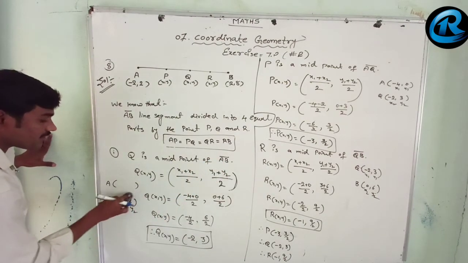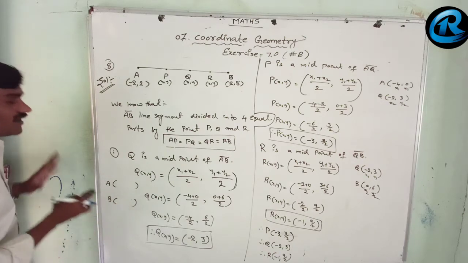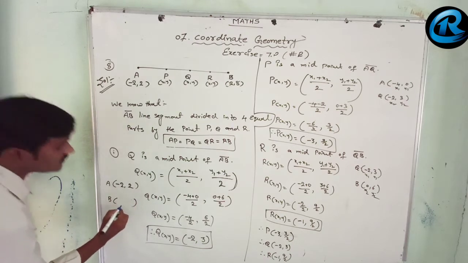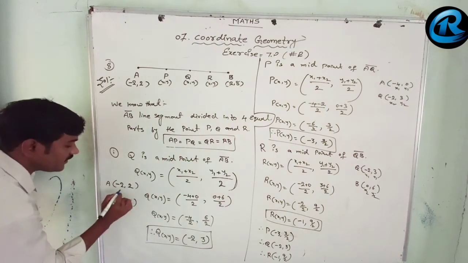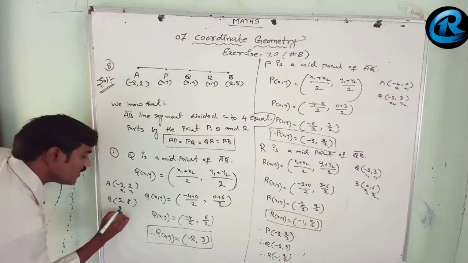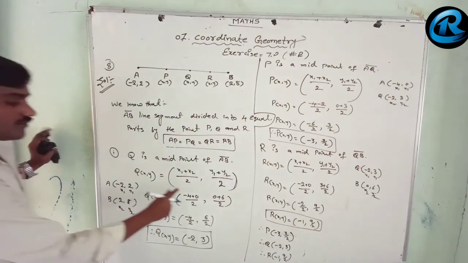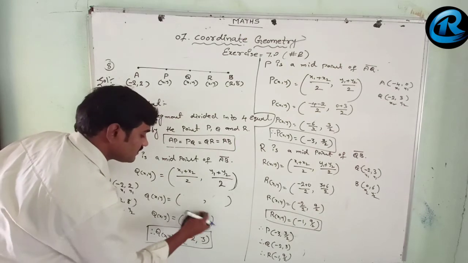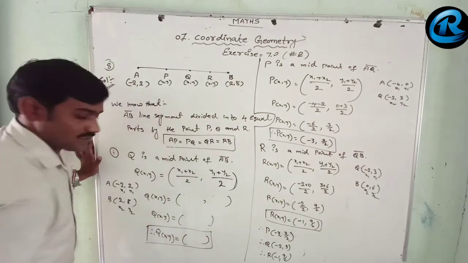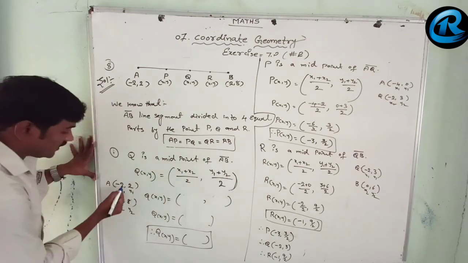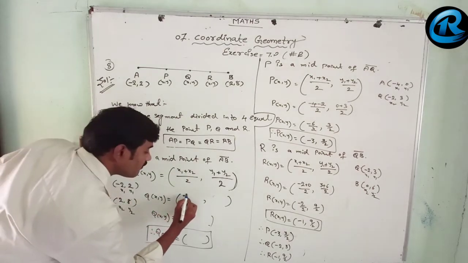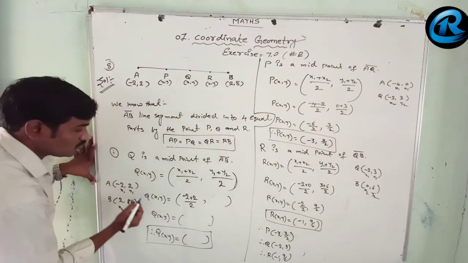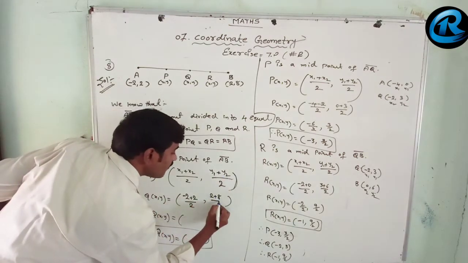But here A point and B point are different now. A point is (-2, 2) and B point is (2, 8). It is x1, y1, x2, y2. Let us substitute here. Only these values will be changed. x1 plus x2, that is -2 plus 2, by 2, comma y1 plus y2, 2 plus 8, by 2.